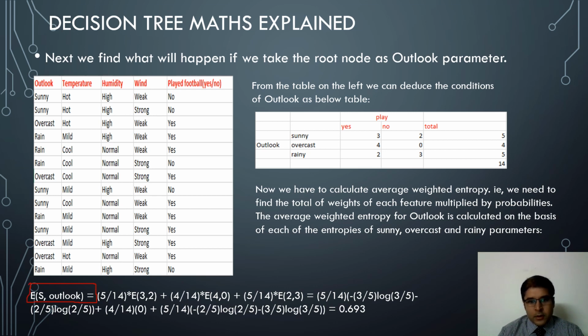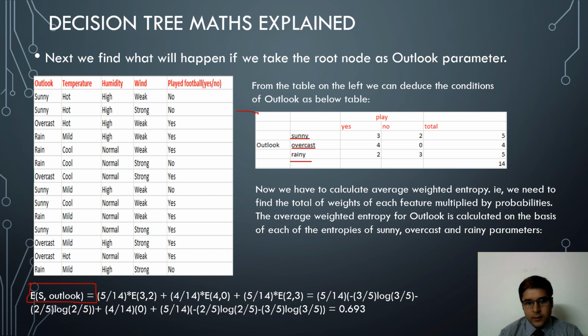So from the table on the left, we can deduce the conditions of outlook as the below table. So this is a table here. If we take outlook only, outlook can be sunny, overcast, and rainy. So for sunny there are 3 yes and 2 no's and total is 5.